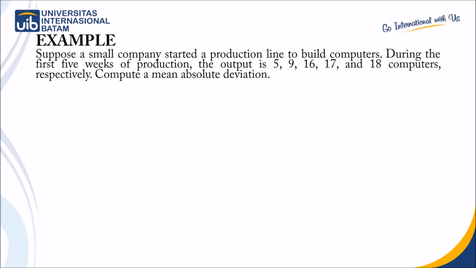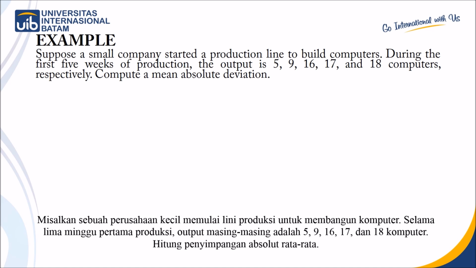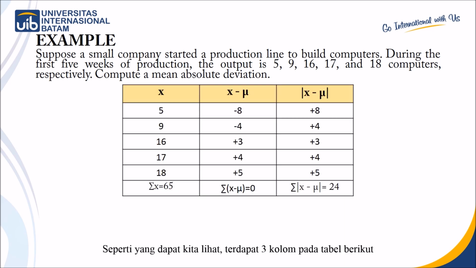Example: suppose a small company started a production line to build computers. During the first 5 weeks of production, the output is 5, 9, 16, 17, and 18 computers respectively. Compute the mean absolute deviation. As you can see, there are 3 columns here, and x represents the data.